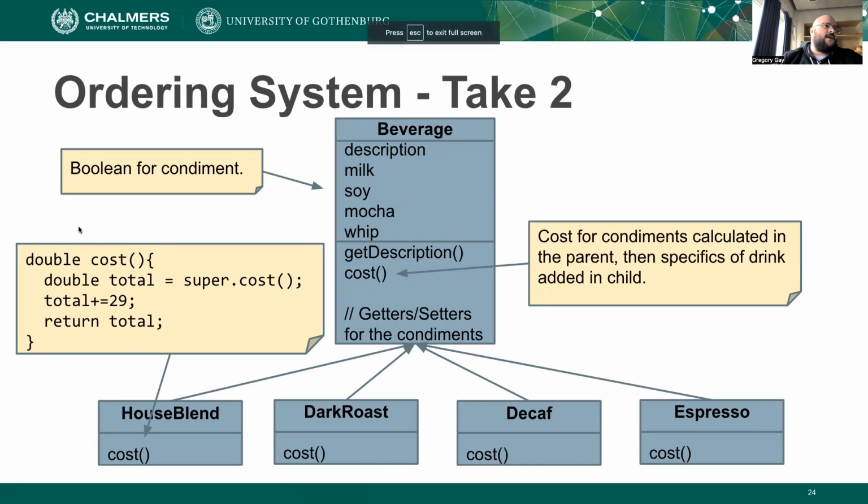So for instance, for our house blend here, we call to the parent to get the price of whatever our condiments are. We get that back. We add 29 crowns for our house blend, and we return the total. That's far more reasonable, right? There might still be some issues here, but still, this is a much better starting place.